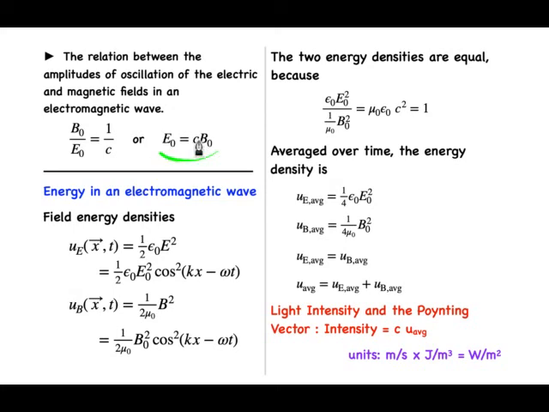So you see, E naught and B naught aren't equal. Well, they can't be equal because they have different units. E naught is volts per meter. B naught is Tesla. The difference between volts per meter and Tesla is seconds per meter.